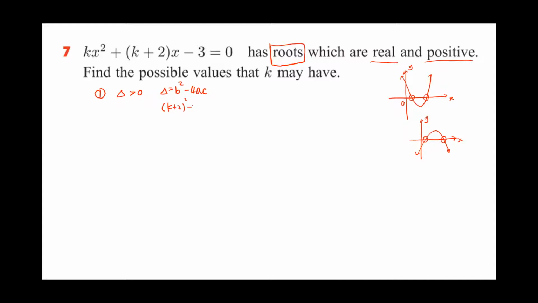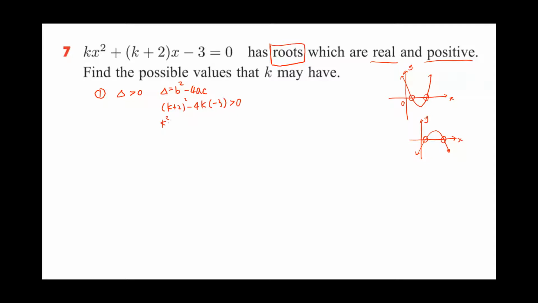Take away 4 times negative 3k. Well done. It has to be greater than 0. Do we agree with that, guys? Okay. So can I open it up?